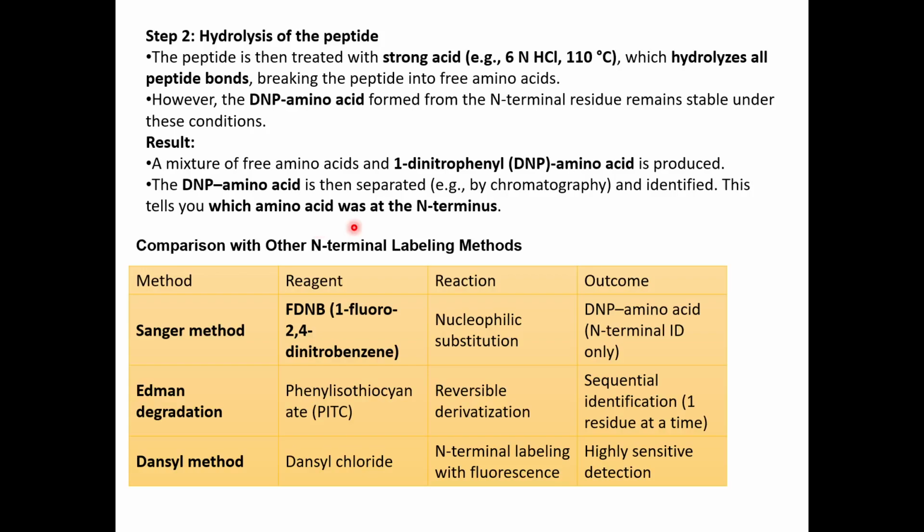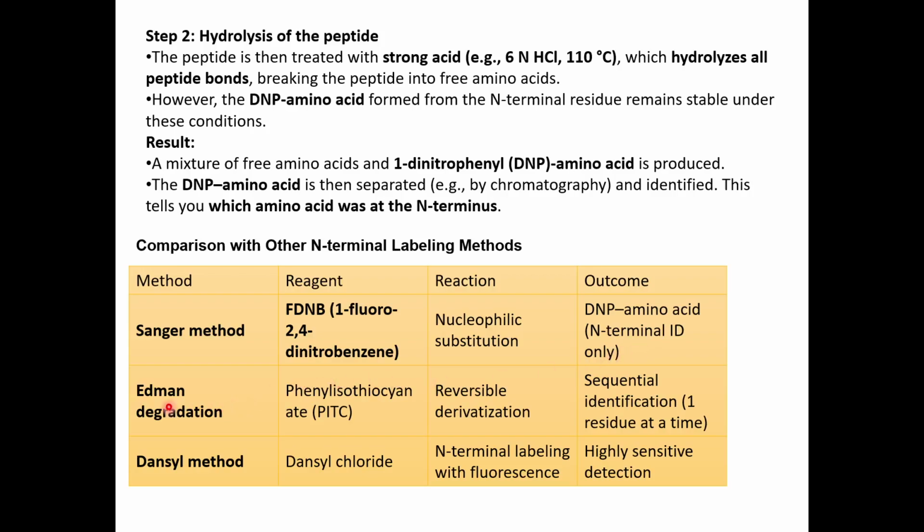So this is a comparison between the different methods that are used for N-terminal labeling, like the Sanger method where we use FDNB. The reaction that takes place there is nucleophilic substitution, and we get a DNP amino acid, N-terminal only.